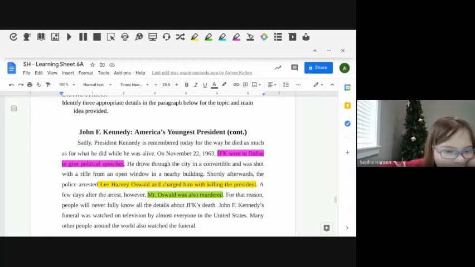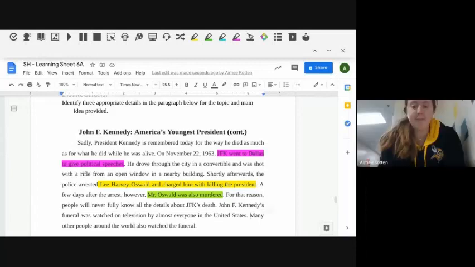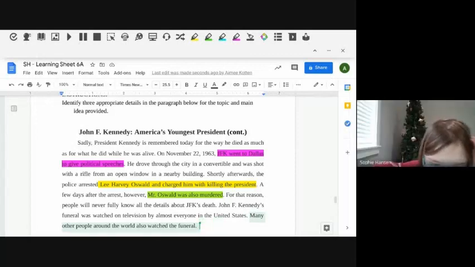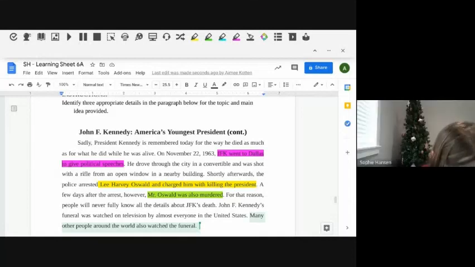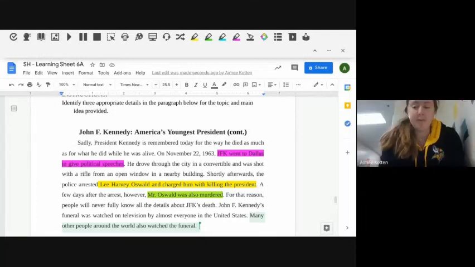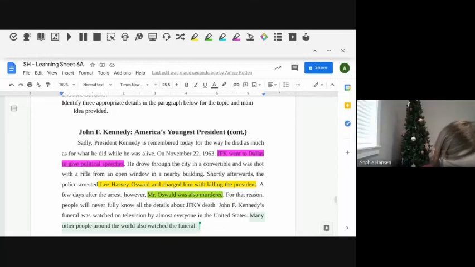What's this part? Did you find it? Yeah. Can you read it? Many other people around the world also watched the funeral. So what is our detail? Many other people around the world also watched the funeral.